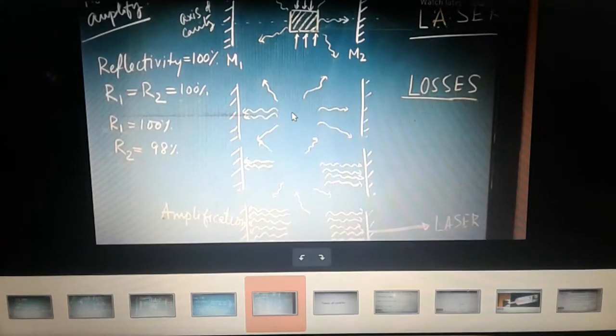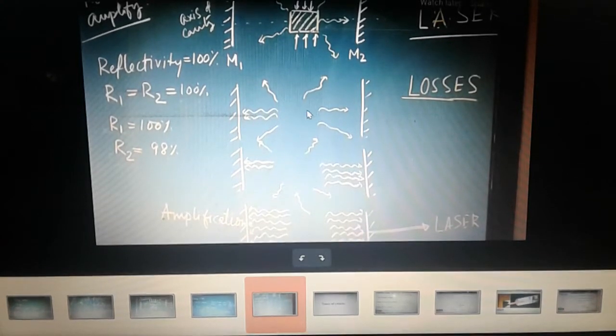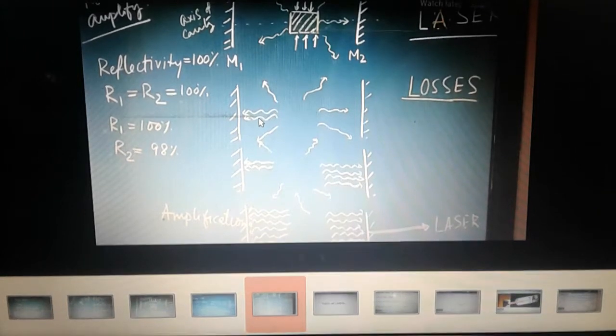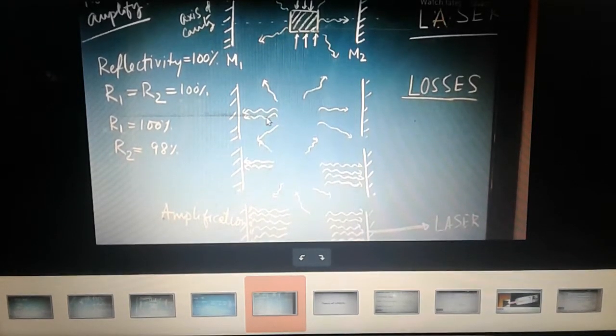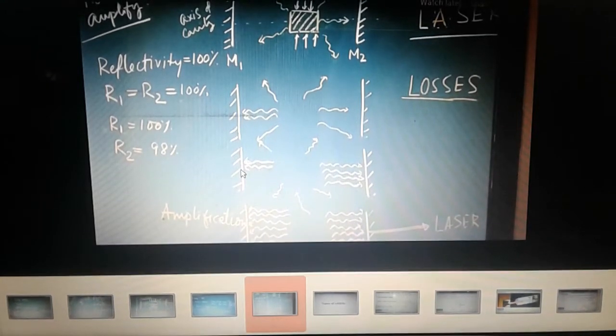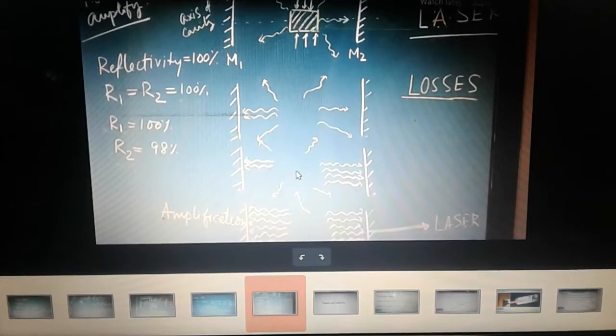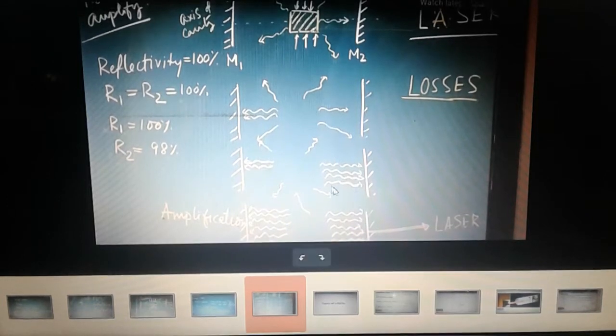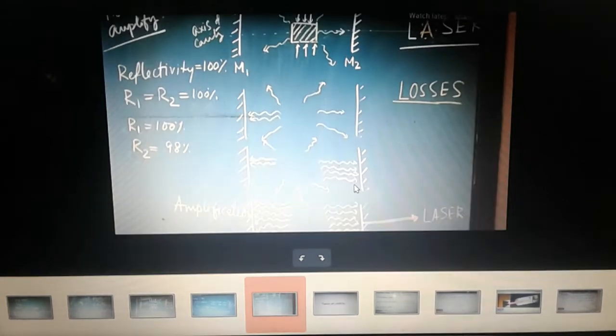Then with this passage another photon is triggered by the first photon, and we get two photons which are reflected from M1. These two photons again pass through the active medium and go to M2, and in the process the two photons further trigger two more, and now we have four photons. This process repeats.